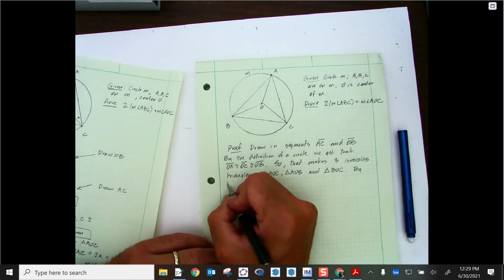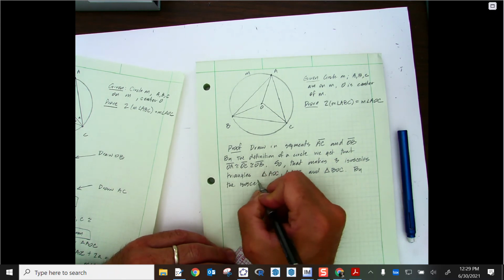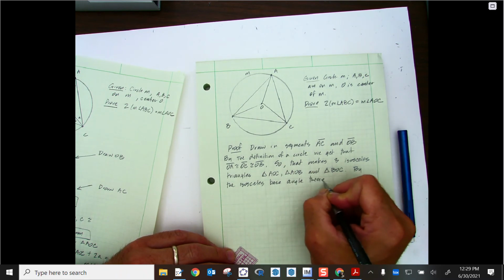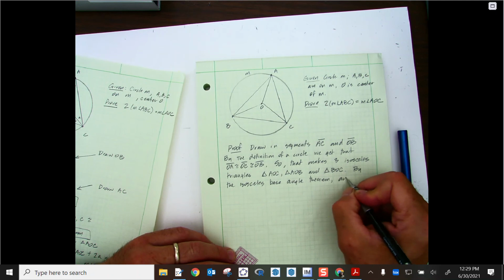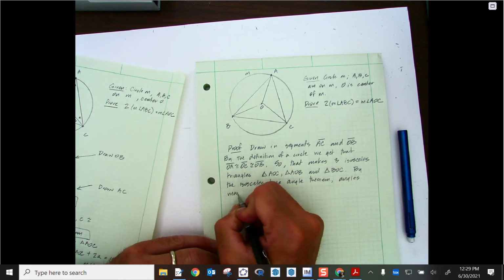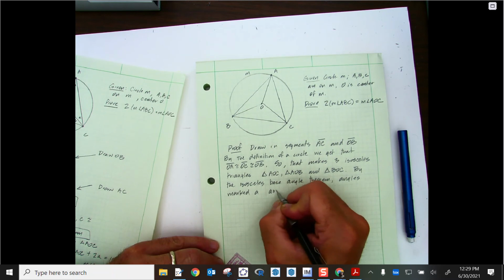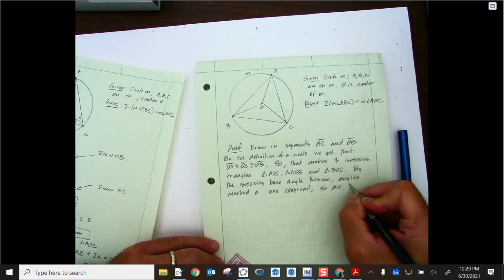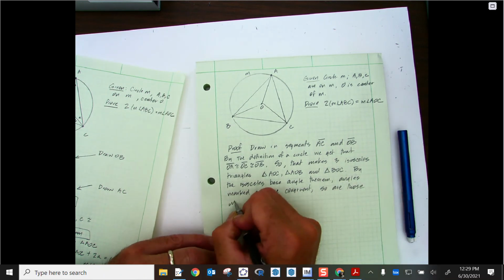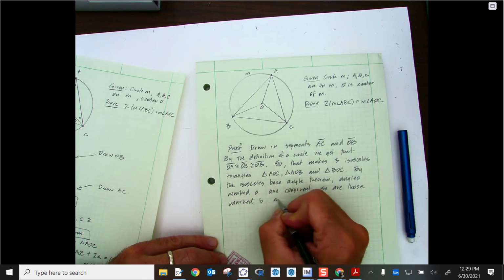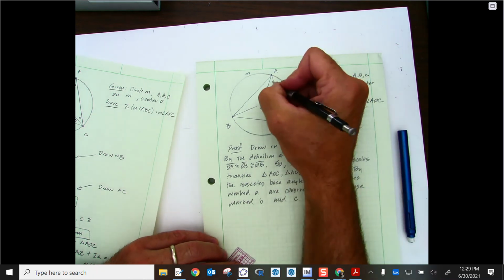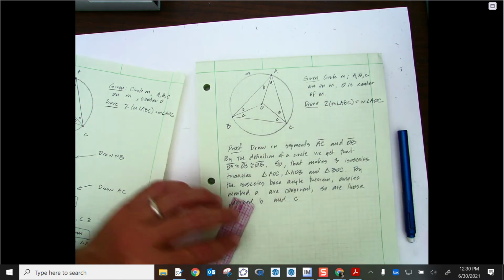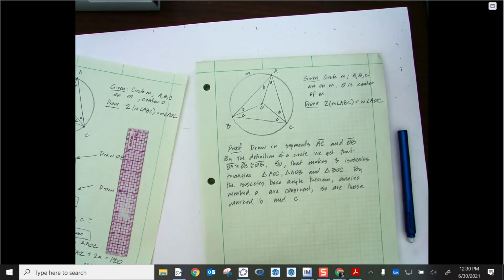By the isosceles base angle theorem, angles marked A are congruent, so are those marked B and C. So we'll go ahead and put those in: A, B, B, C, and C. So there it is.